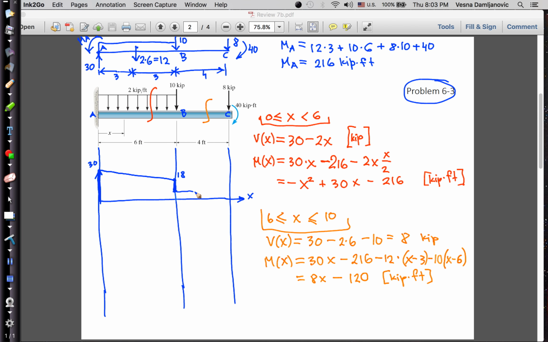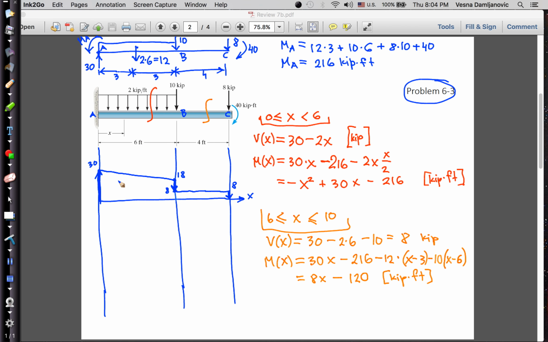And from that point, we go horizontal. So this is 8. This force here is our 10 kips. And lo and behold, it matches up with this, because this has to come down to 0. Okay? Because this is hanging in the air and all these forces have to zero out. So this is 8 kips also.